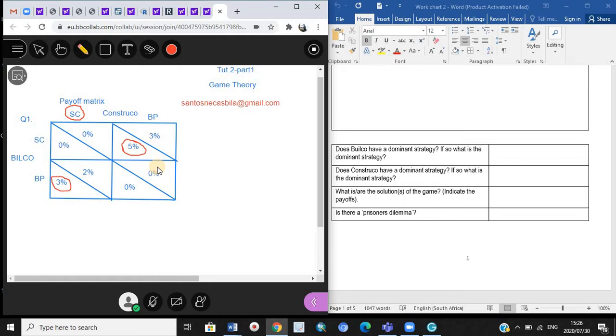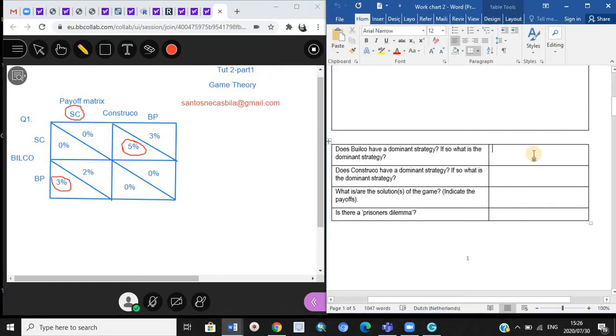However, if Bilco's choice depends on Construco's choice, there is no dominant strategy for Bilco. So the answer is no. There is no dominant strategy for Bilco.